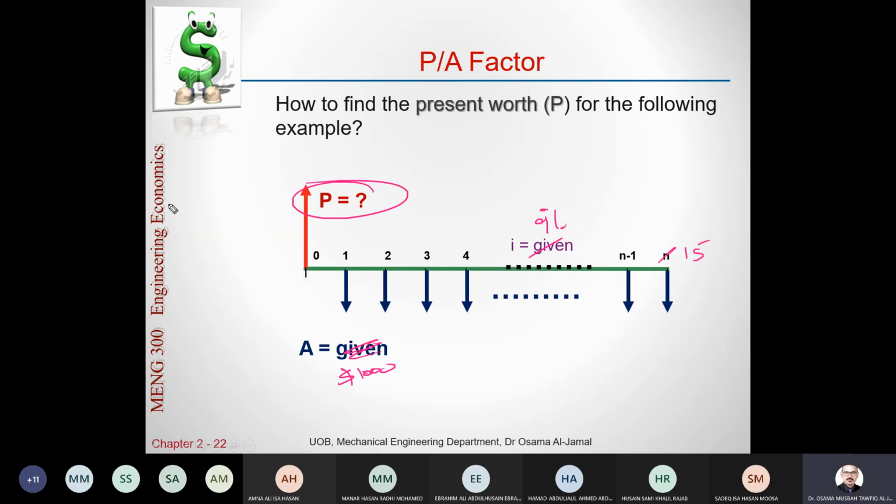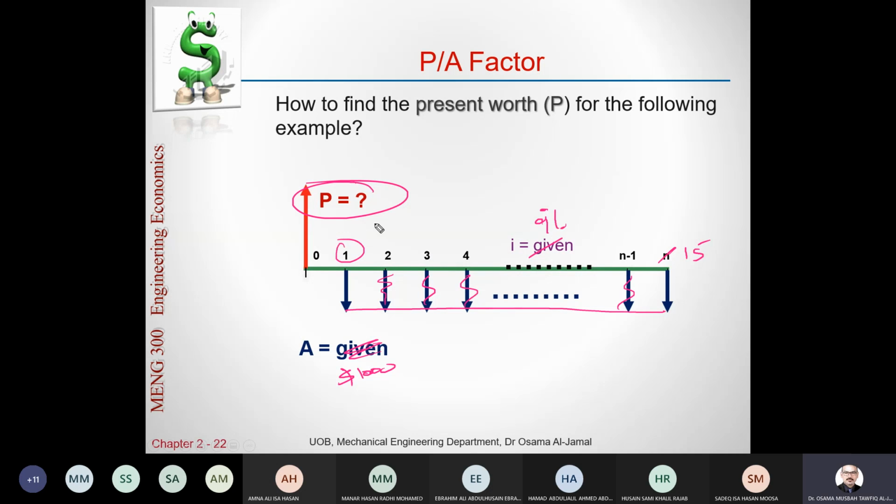So to find that P now, again, just to remind you, we don't have to show all those arrows, just connect between the first and last one. Here we are starting the first cash flow of that annuity in year 1. We can start it in year 2 or year 3 or year 4, whatever year.